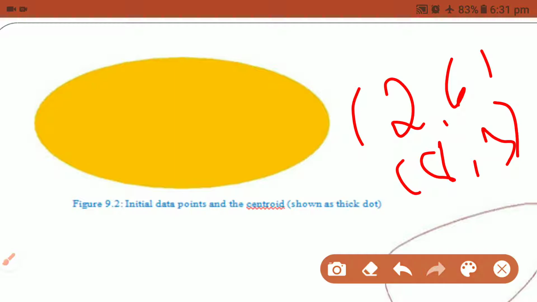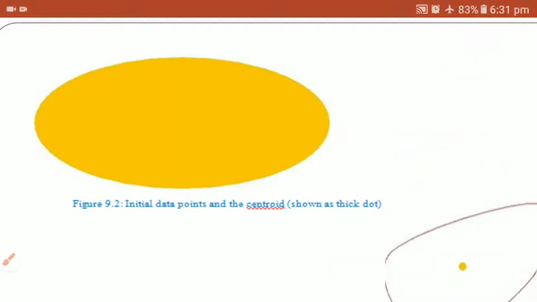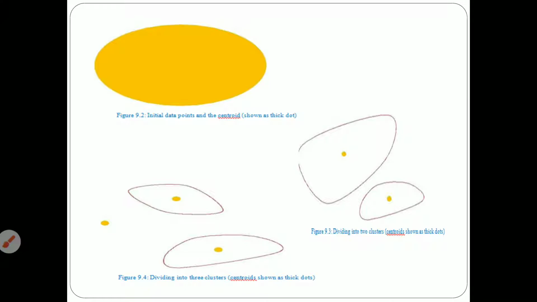After breaking into the two clusters, the 3 points at the bottom could form one cluster. Taking these two combinations, 2, 6 and 8, 3, one cluster and the other cluster.